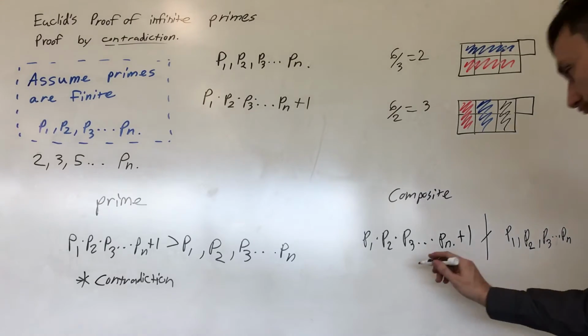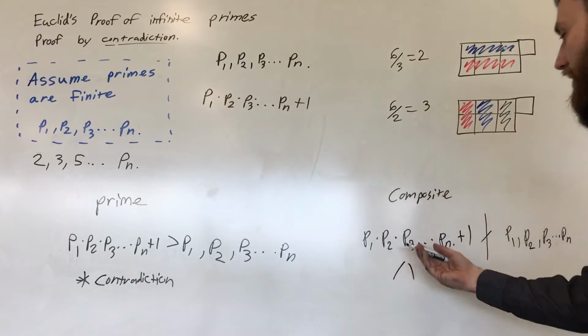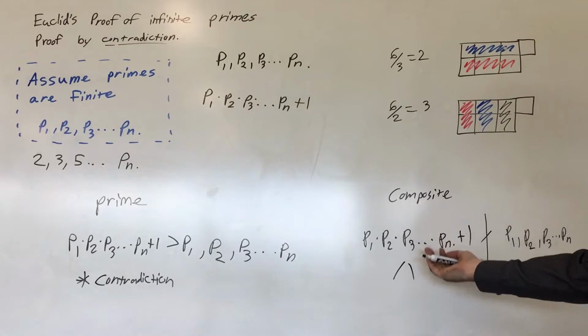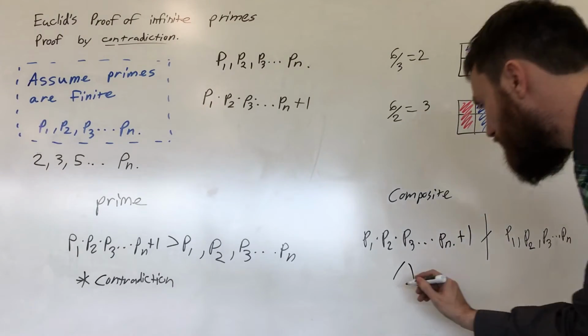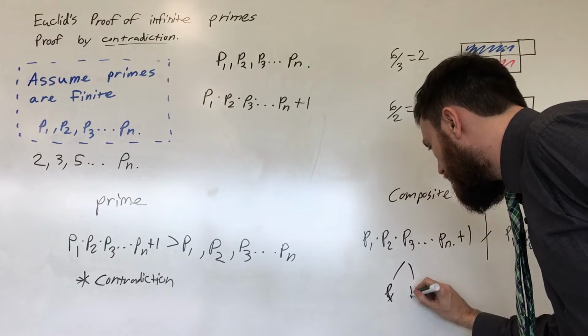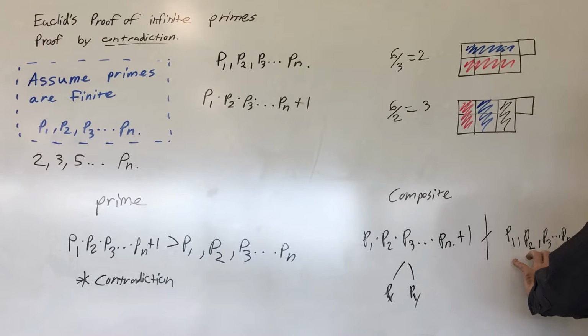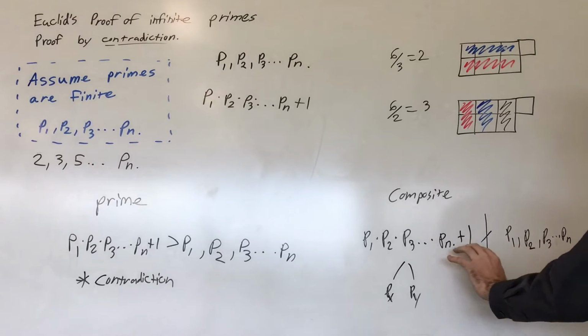So this number again is made out of two primes that are not in this list because a composite number is made out of primes. So we just say, okay, Px and Py. We don't know what these numbers are. So P1 does not divide this. P2 all the way to Pn does not divide this.